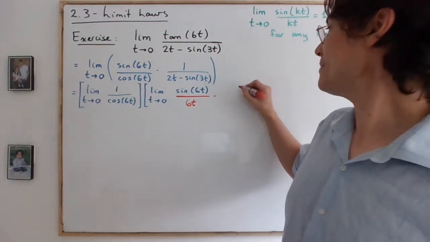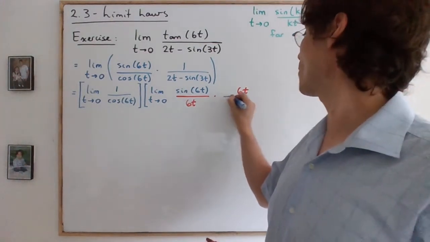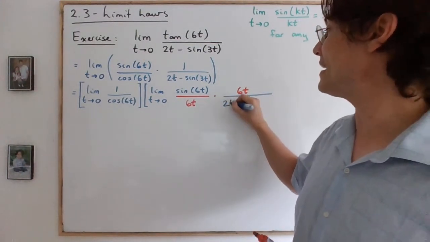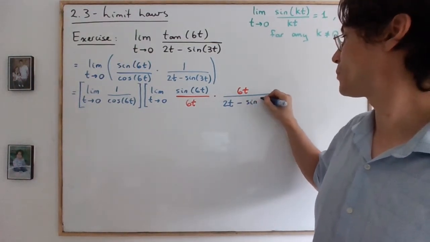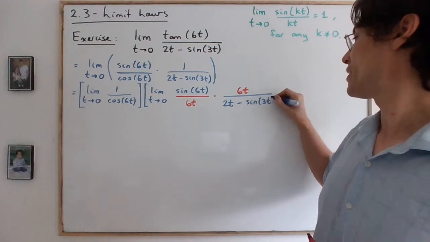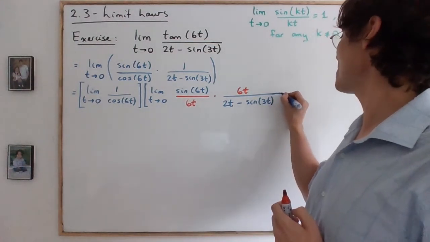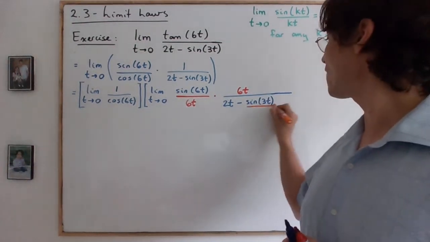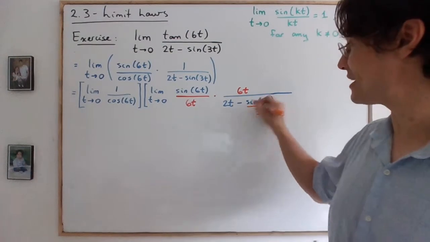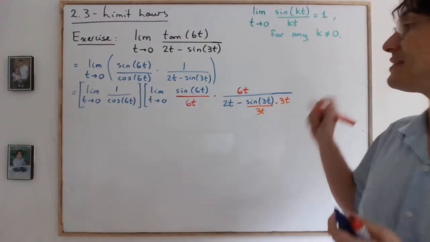Now that 6t is going to become part of the rest of the limit. So in other words, the rest of the indeterminate form, okay? With the sine of 3t, you're going to do the exact same thing, okay? So in other words, you divide by 3t because you know that this overall thing will approach 1, and you multiply by 3t.